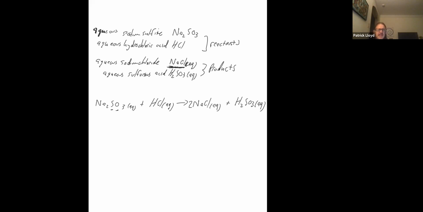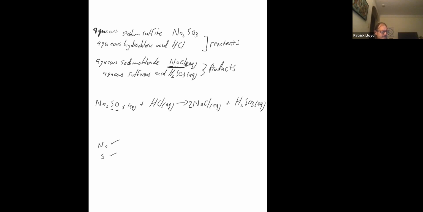If we wanted to say SO parentheses 3, then there'd be 3 sulfurs. But you'd have to put the parentheses around the sulfur and the oxygen together. Okay? So since there's no parentheses, that just refers to the oxygen. Sulfur's done. So sodium done, sulfur done.